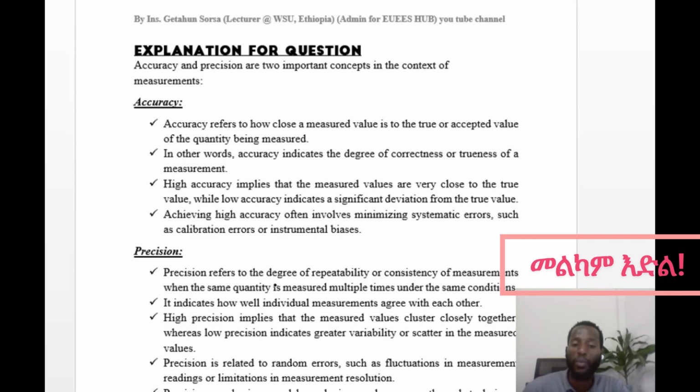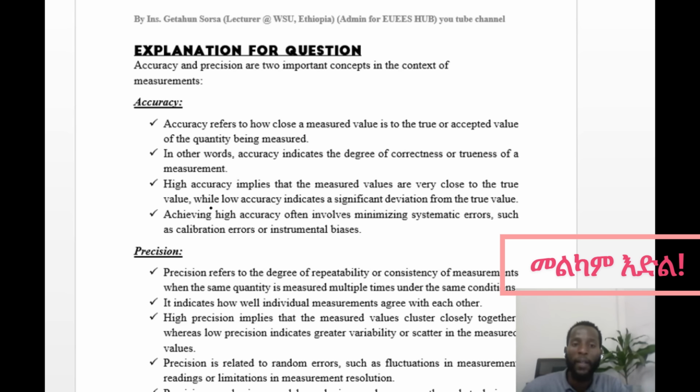Precision refers to the degree of repeatability or consistency of measurement. It indicates how well individual measurements agree with each other, or how close they are to each other.